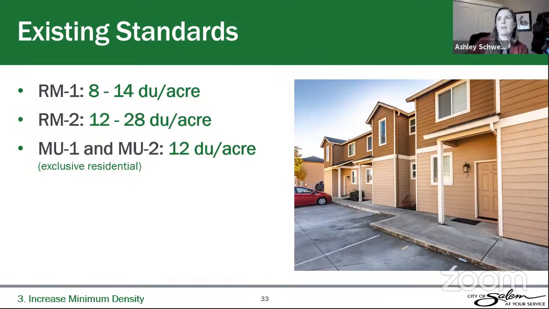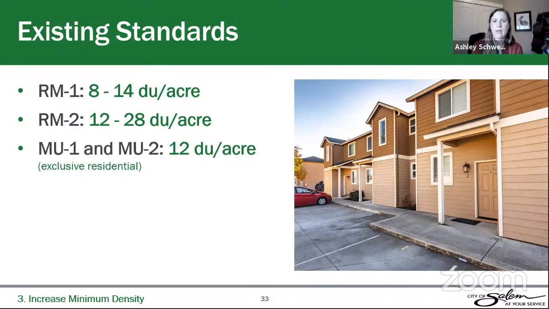I guess when I think about this particular option, I think about it in the context of the other requirements that are part of the design standards that we have.